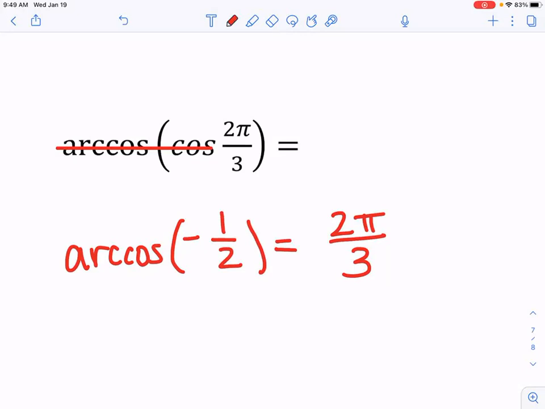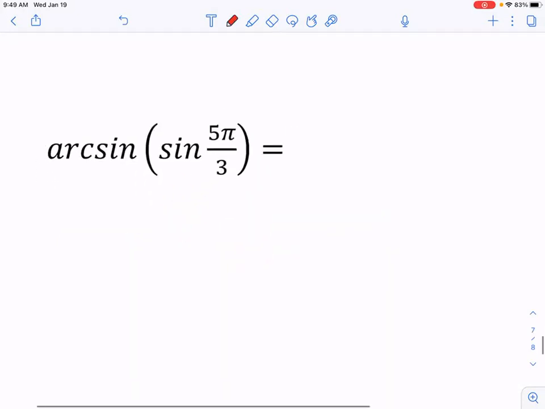Let me show you why. Write this example down, please. Okay, in this example, why is this not possible?